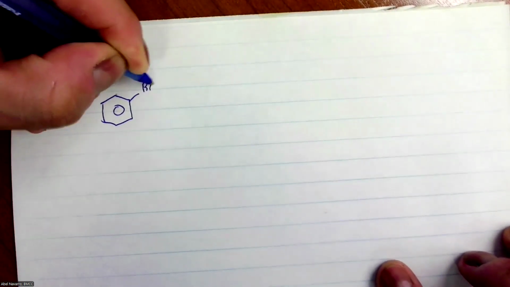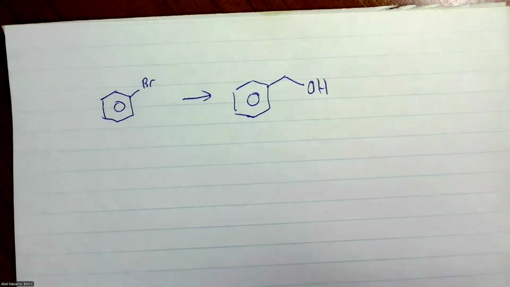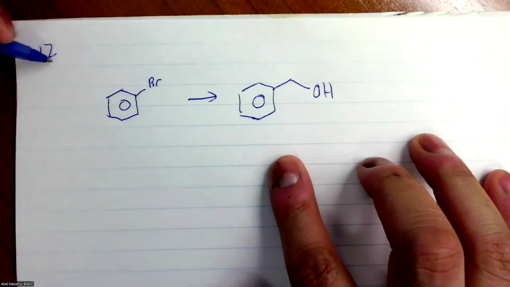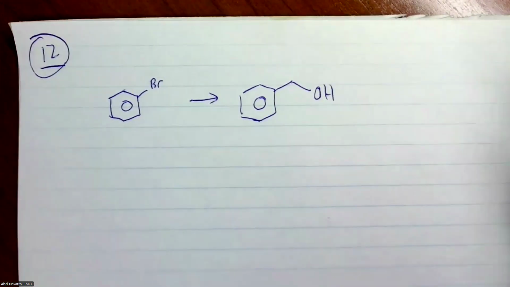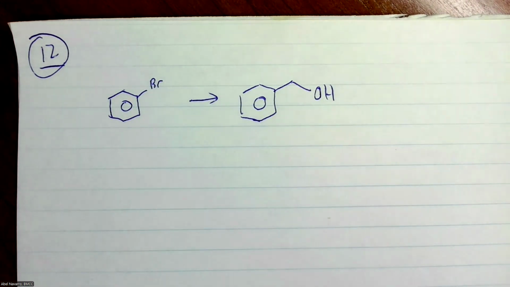Let's say they tell me to synthesize this alcohol, to go from here to here. We're on chapter 12, right? So you have to use the reactions of chapter 12. Of course, in some cases you might have to bring back reactions from chapters 8, 9, 10, 11, but in the majority, the synthesis will be focused on the chapter that we are really studying.